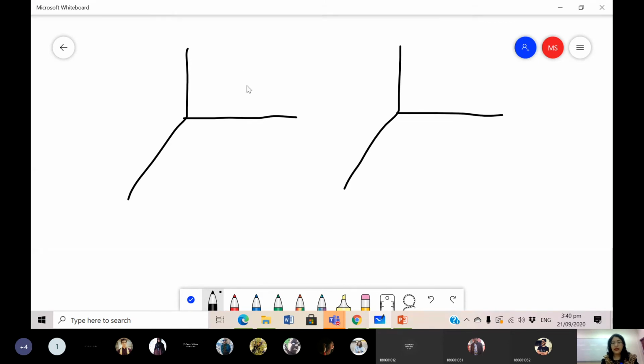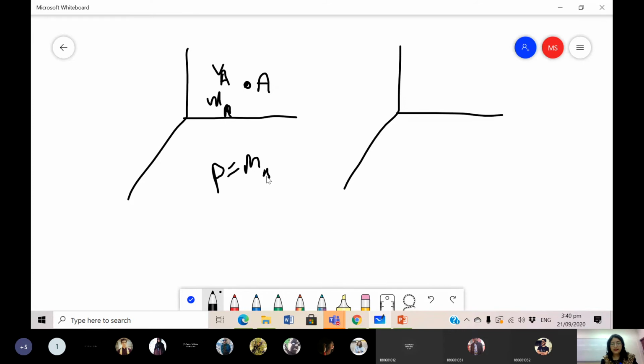Now if I talk about A, which is in this frame, and its velocity is VA, and its mass is MA, what is the momentum of this particle? P will be equal to MA VA.